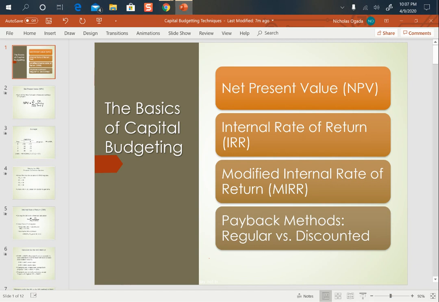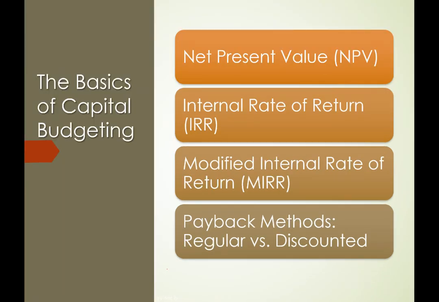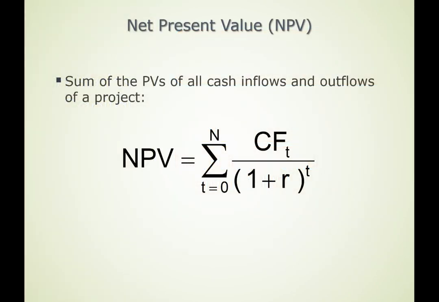Let's see how this method works out. With the net present value, by definition, this formula summarizes what it is. It is basically the sum of the present value of all the cash flows. Remember, both the inflows and also the outflows.